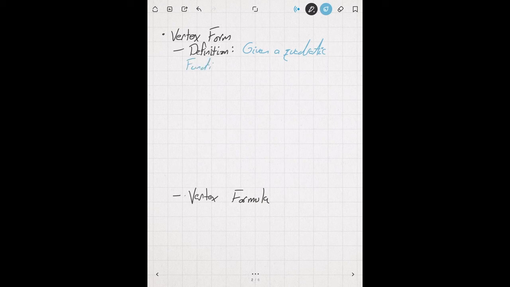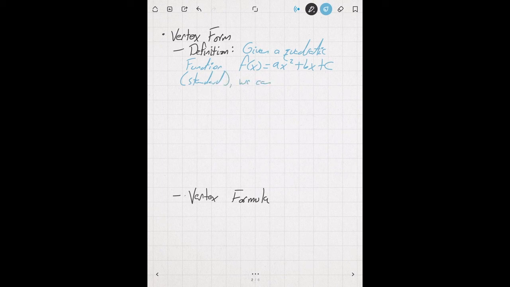And remember, quadratic functions are of the form f of x equaling ax squared plus bx plus c. So say you're given a quadratic function, f of x equaling ax squared plus bx plus c. That was standard form.